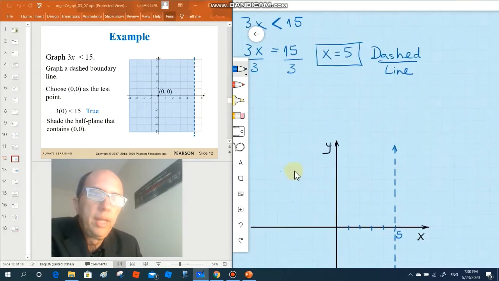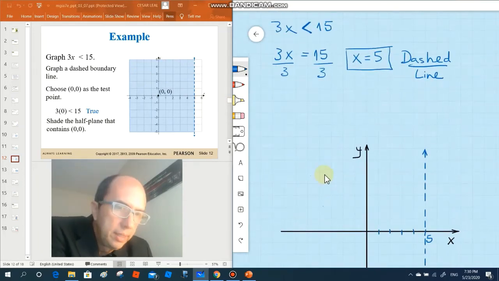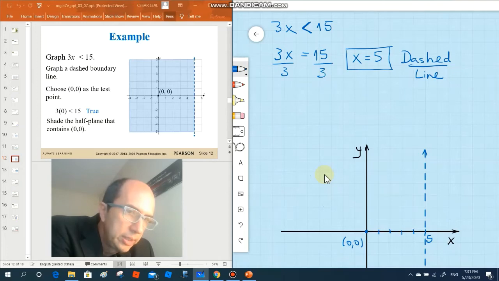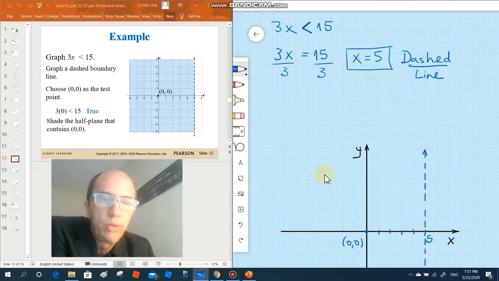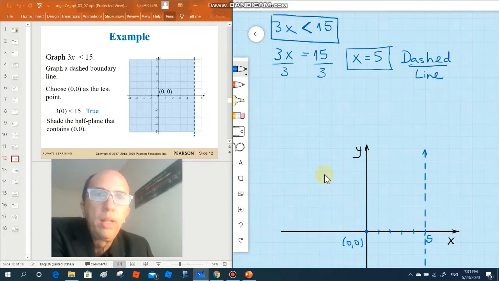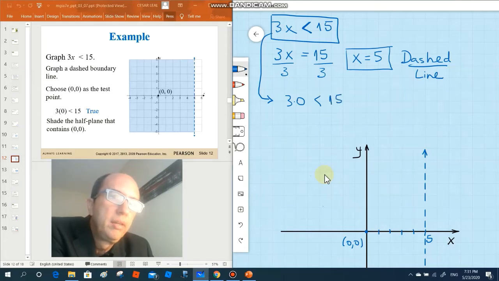Choose a test point, and our test point is going to be 0 and 0 most of the time, unless the boundary crosses the origin, this 0 and 0 point. Here, plug in the inequality. 3 times 0 is less than 15. 0 is less than 15.